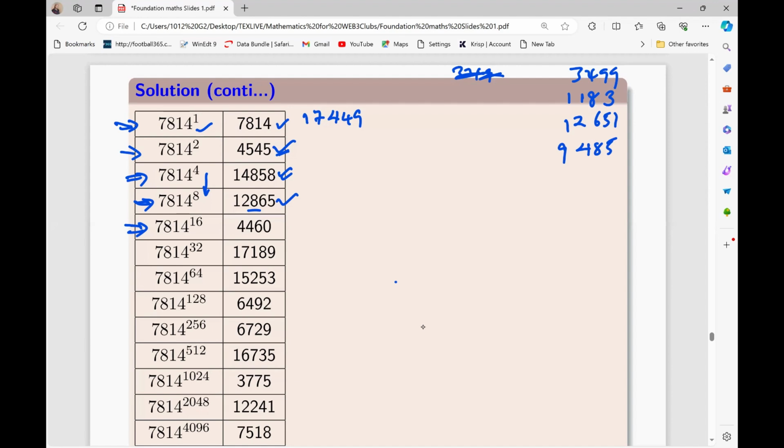9,485. The remainder is 4460. Again, square that line to get the next line. So I'm squaring 4460.